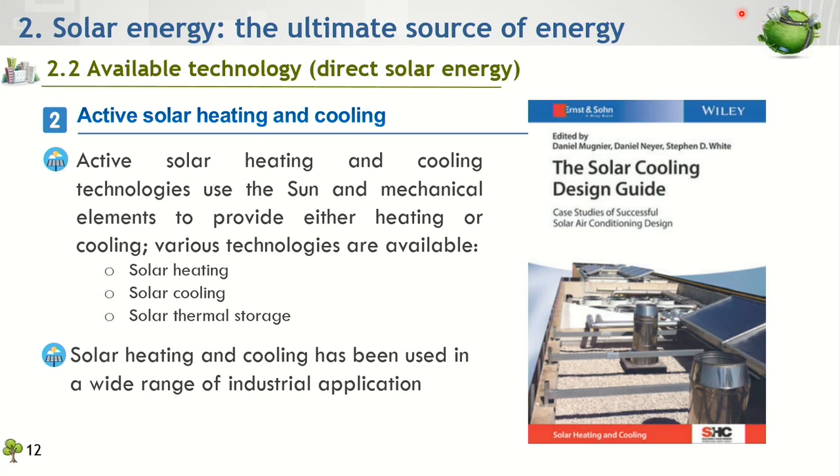One of the great examples of this technology is solar refrigeration that is used to cool stored vaccines in peripheral health centers in remote areas where electricity is not available. Then the other technology is solar thermal storage, which collects excess thermal energy from the sun and stores it in a storage medium for later use, either to provide heating, cooling, or convert it into electric power.